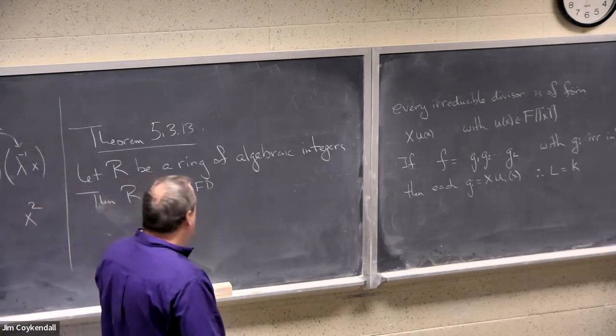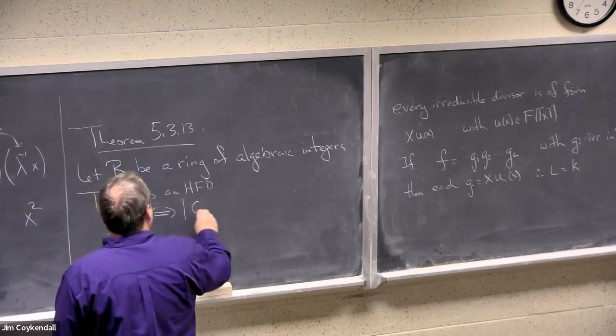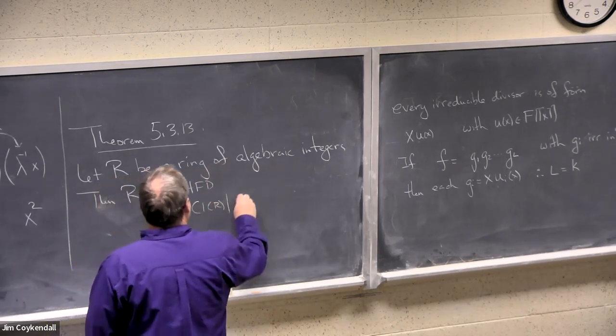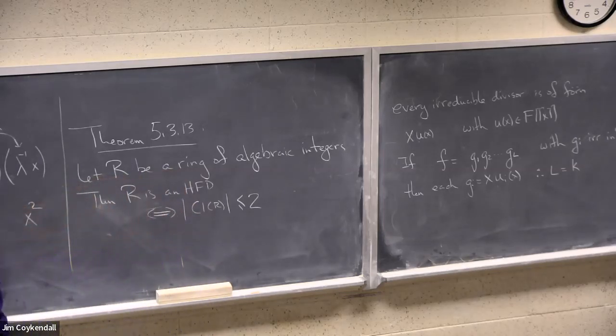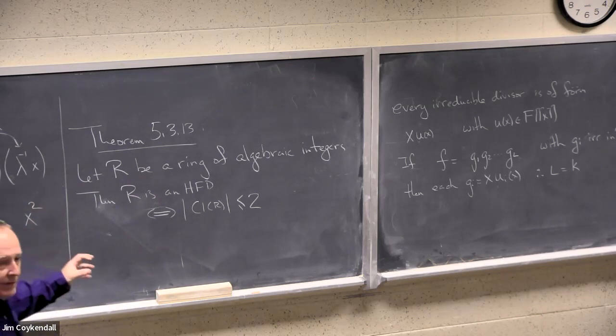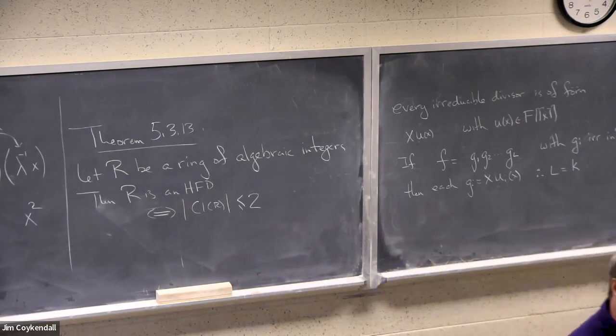But it's the content. This is a beautiful, beautiful theorem. Of course, this also does something else. It breaks up what happens into two easy pieces. Class number 1 means UFD. Class number 2 means an HFD that's honestly not a UFD.